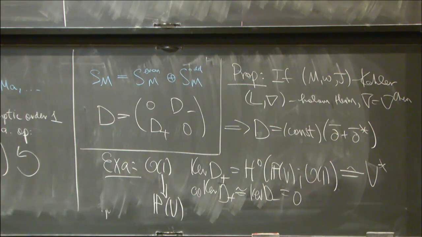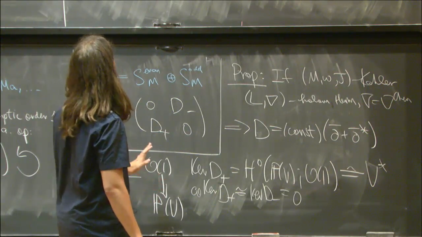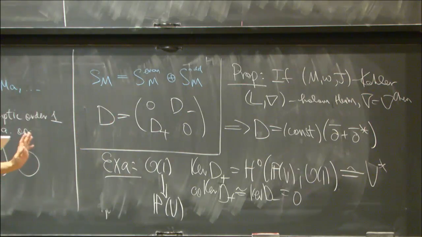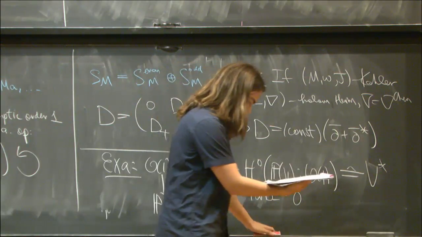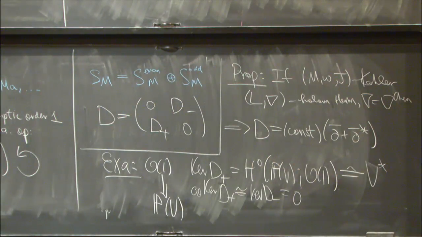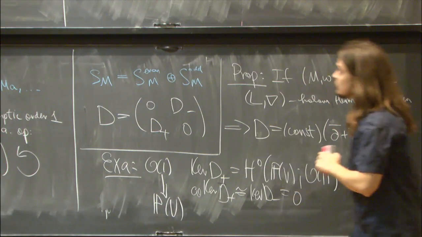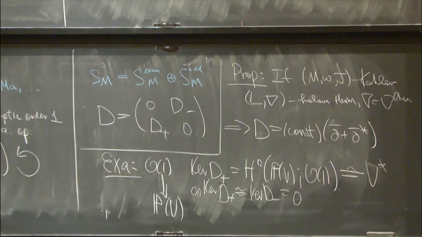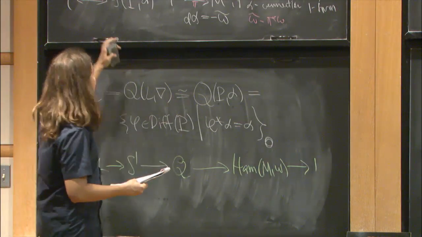So this is a fact of life that I want. All right, and the last thing to do is to write down this thing in families and get our results.